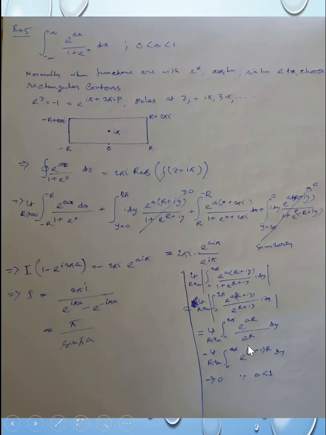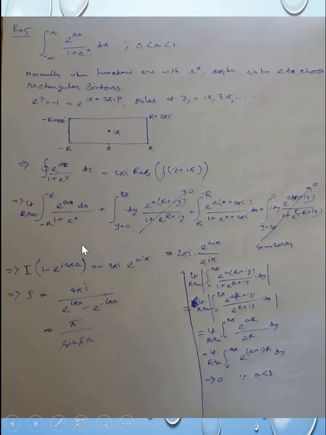If you put the limit r tending to infinity, it is going to be 0, because exponential minus r is 1 by exponential r, which gives 0.